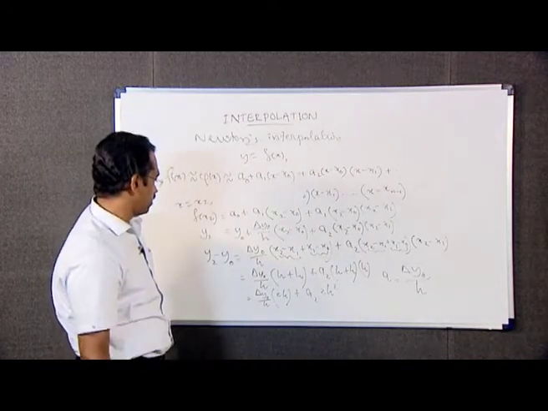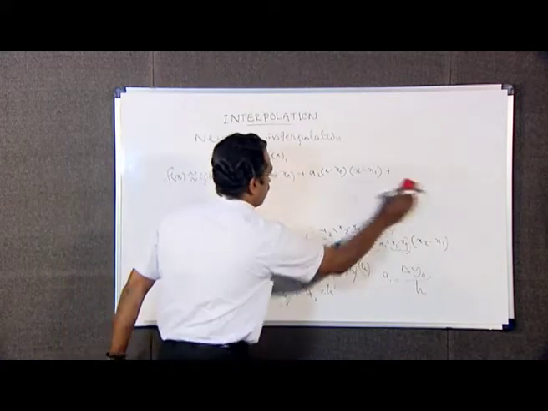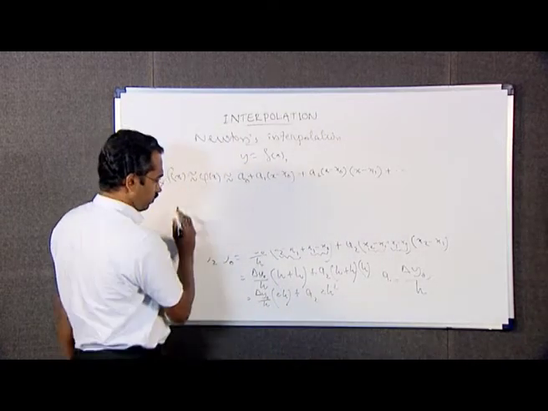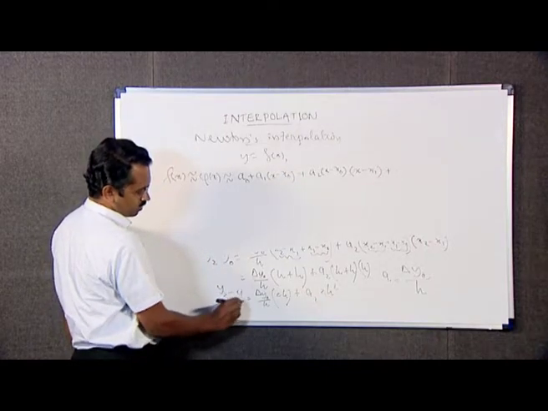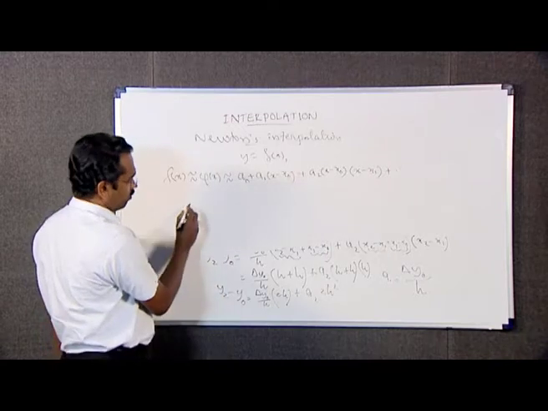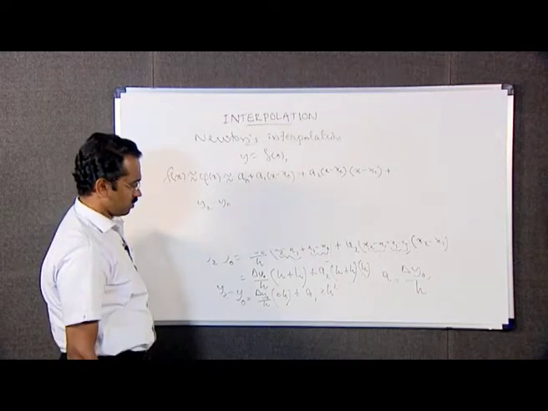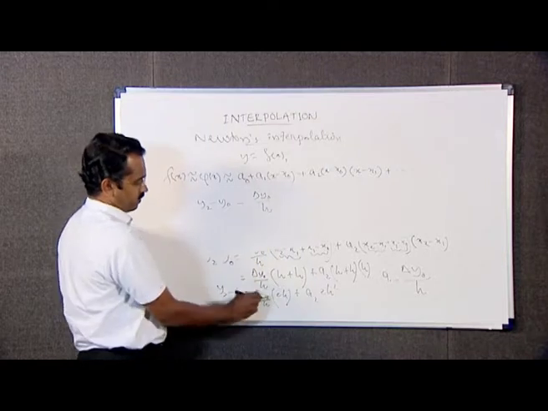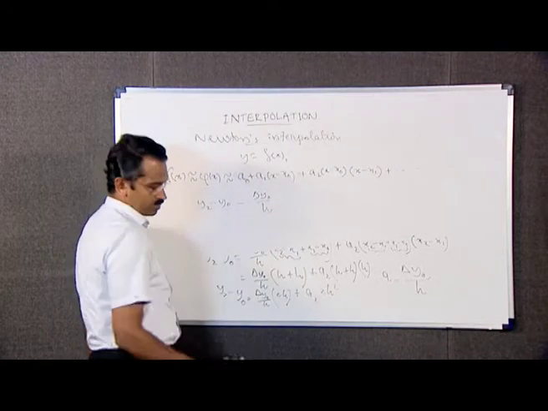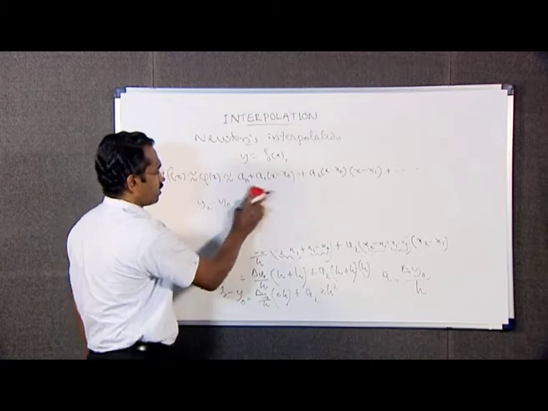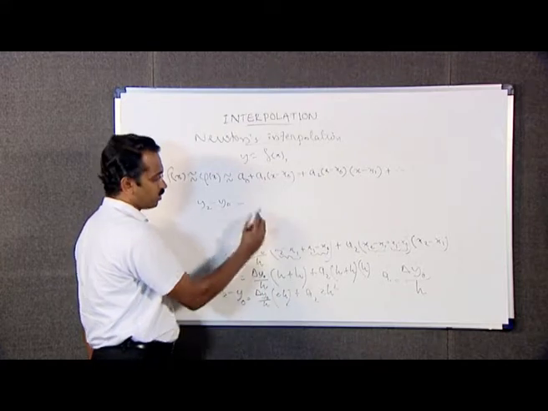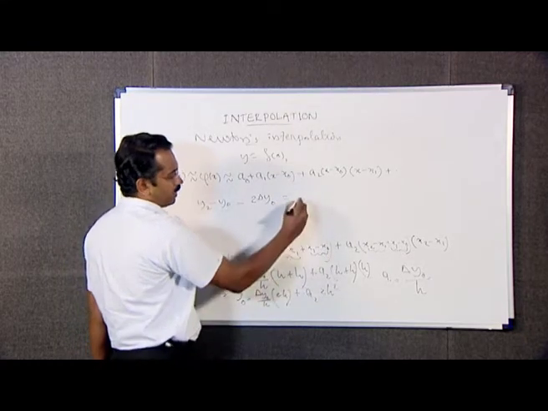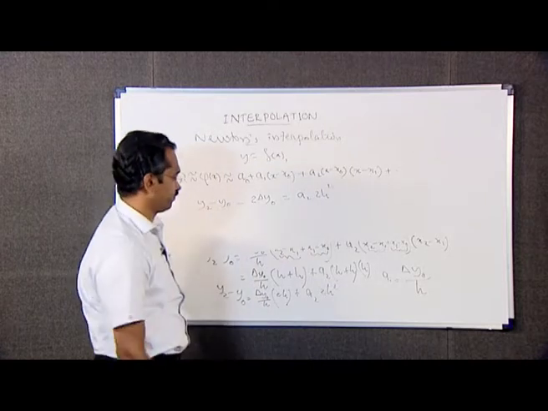From this we can write a2 as follows. Here y2 minus y naught minus delta y naught divided by h into 2h, h cancelled, that is 2 delta y naught, is equal to a2 into 2h square.